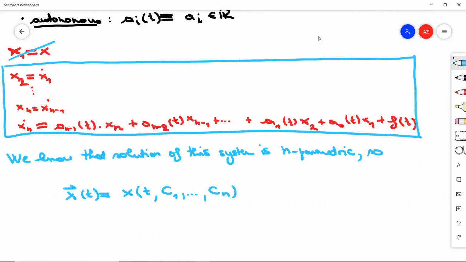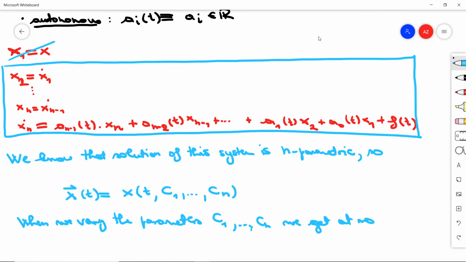So when we vary the parameters c1 up to cn, we get at most, and usually we get, n linearly independent solutions.